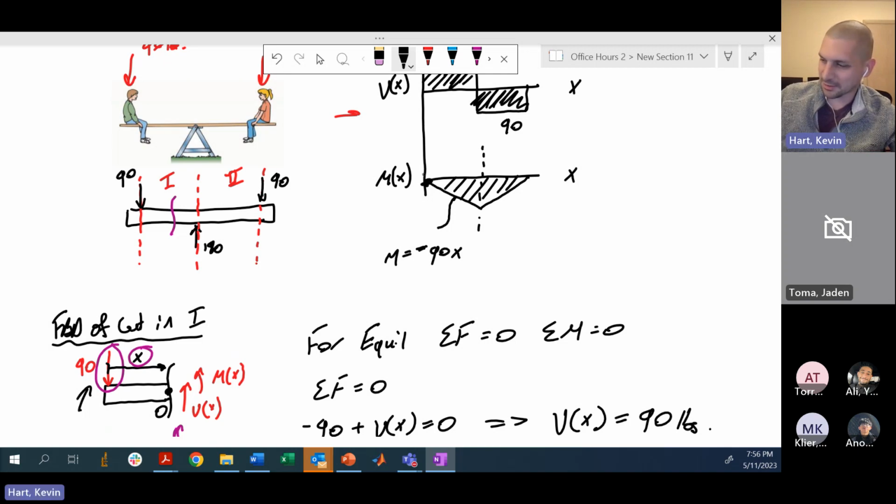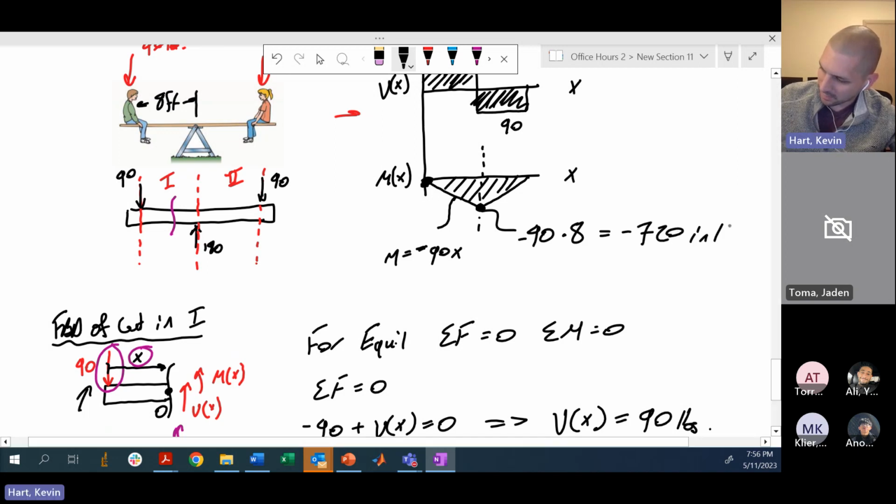All right, so when x is 0, my moment is 0. And at the end of this region, which happens to be 8 feet, my moment is maximized, which is negative 90 times 8, which is negative 720 inch-pounds. How you doing on that? That makes sense, yeah. Okay.